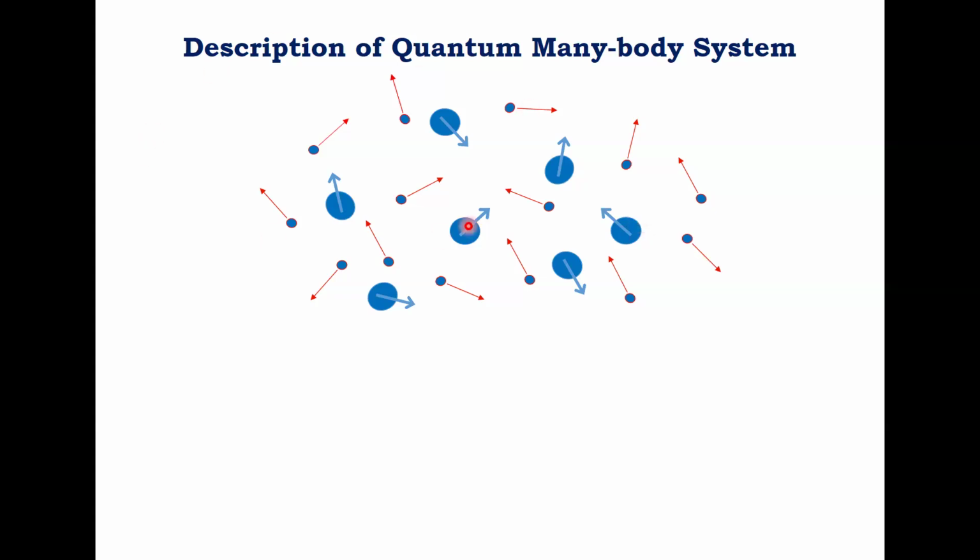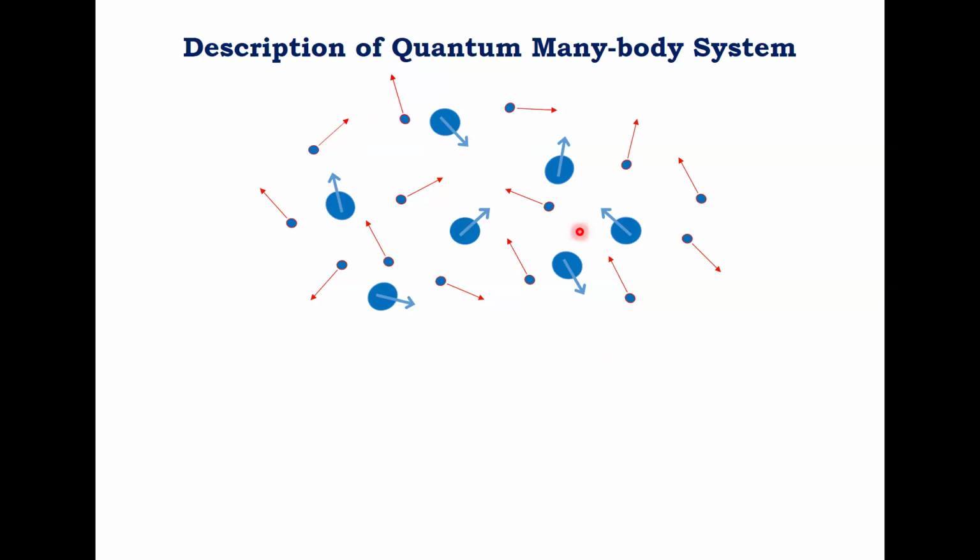In this picture, the bigger blue circles are the nuclei, and the small circles are the electrons. These electrons revolve around the nuclei, and the nuclei are also considered to be moving in the real many-body physical system. We want to model that particular system.